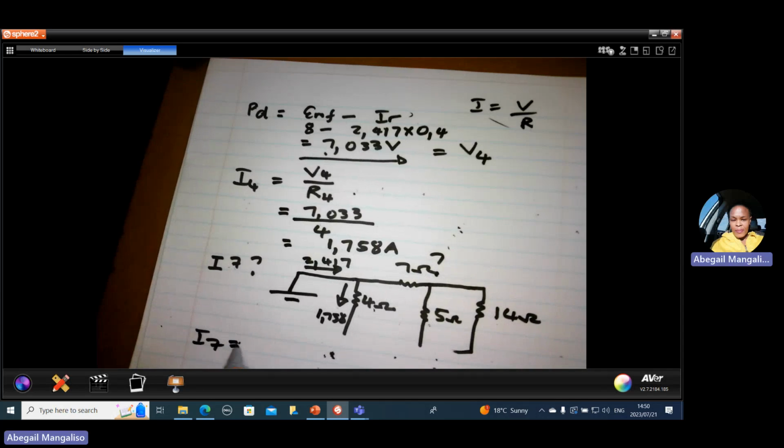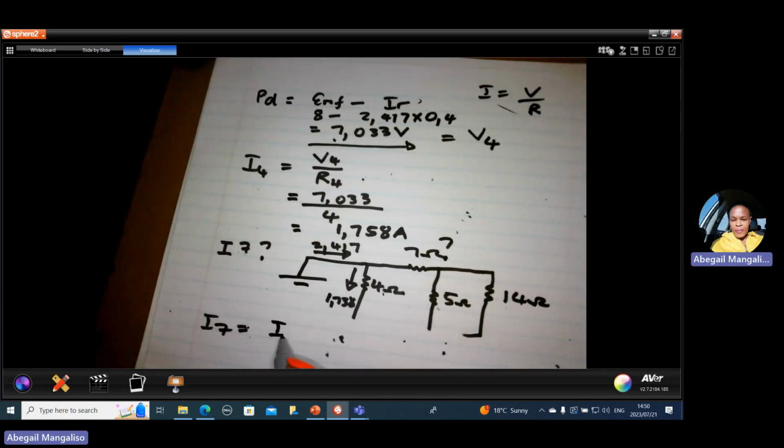Now we can get I7. I7 will be equal to IT minus I4. This minus this, you're going to get the current that goes that way. So it's 2.417 minus 1.758.